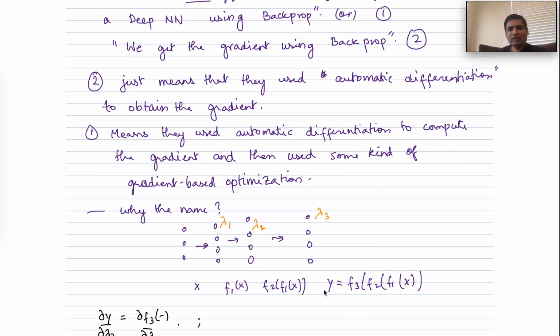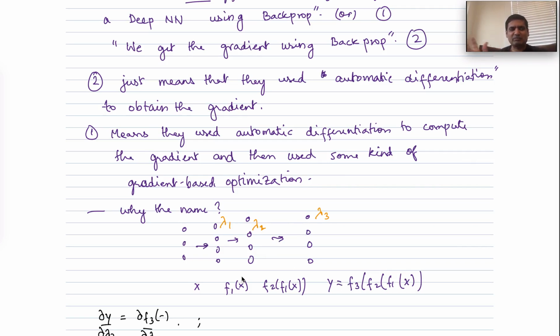Okay. So what do we want to do when we are training neural networks? X, F1, F2, F3 are basically the inputs to the various layers. And then there are these additional parameters, lambda 1, lambda 2, lambda 3, which are like the weights and biases that correspond to each layer. When we want to do gradient descent, we want to differentiate something like y with respect to lambda 1, lambda 2, lambda 3.